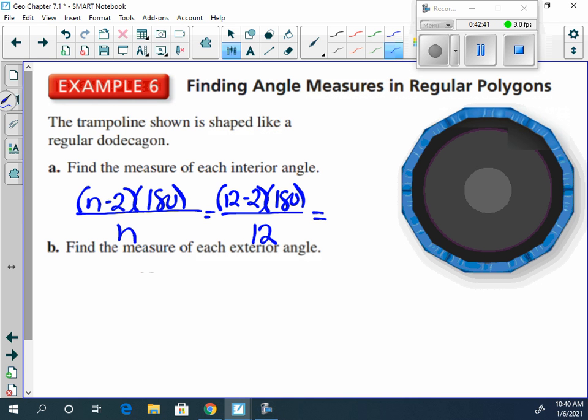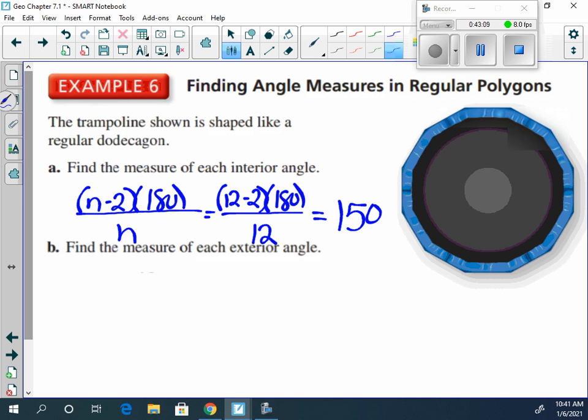So we just plug in the value for n. If I'm wanting to find one angle in a regular polygon, we're using this formula, n minus 2 times 180 divided by the number of sides. Does anybody remember what this was? So 150. Because we did this a minute ago, or you can plug it into the calculator. You can do the fraction key, n minus 2 times 180 over 12. And we get this here.